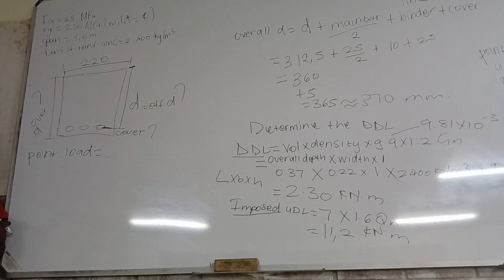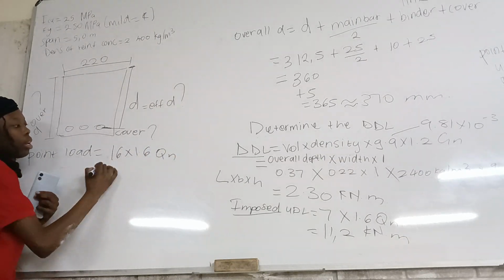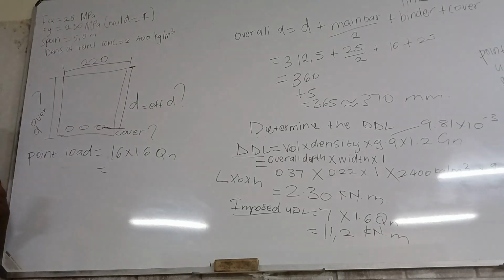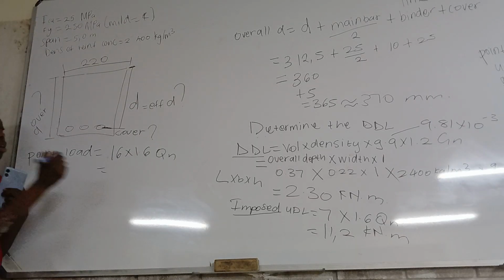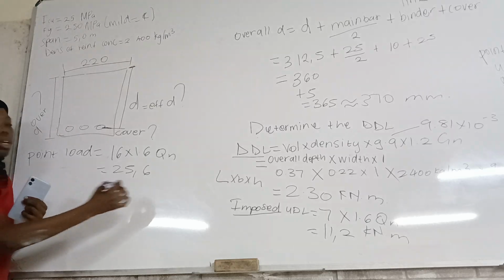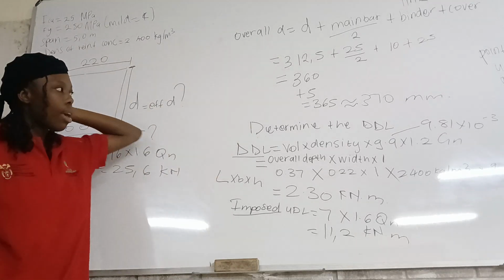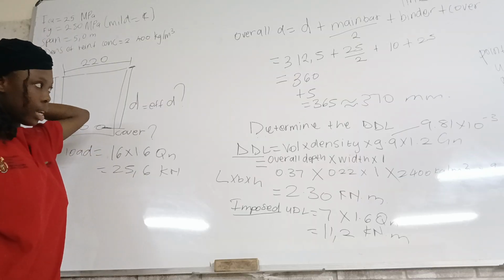We're given 16 kilonewton, so it's 16 multiplied by 1.6 QN, which gives 25.6, SI unit kilonewton.